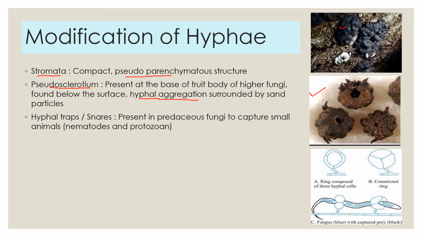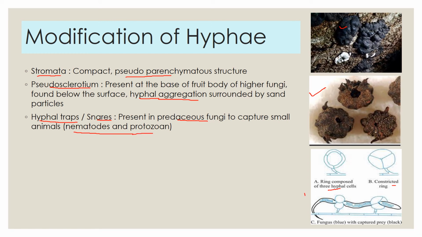Another most important structure of the fungi is the hyphal traps or snares. In the predaceous fungi, we see there are two types of hyphal snares, ring and constricted. These snares help in the capture of small animals. For example, nematodes and protozoans are preyed upon by this type of snares.